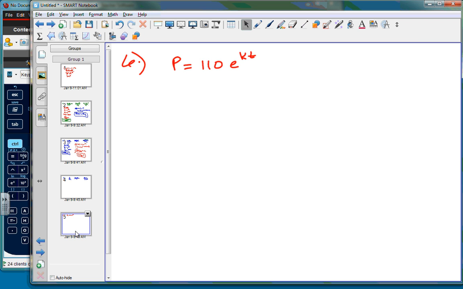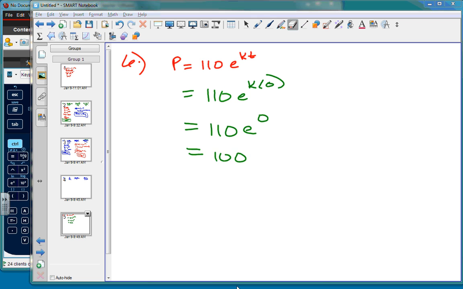So if you plug in 0 for t, what's 0 times k? 0. What's e to the 0? What's 110 times 1? So my population at year 0, meaning my initial, is 110,000 people, right?